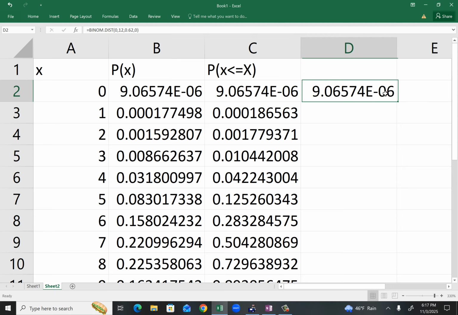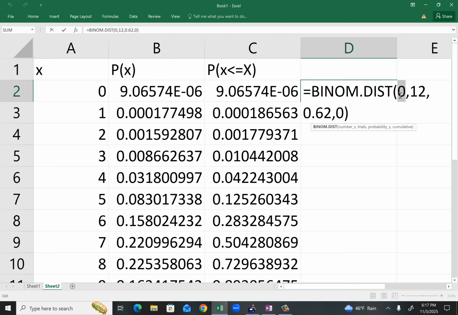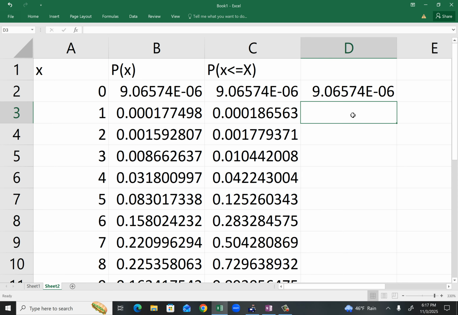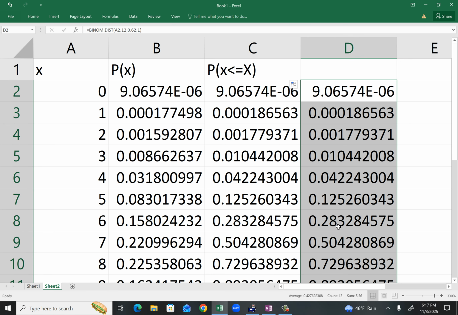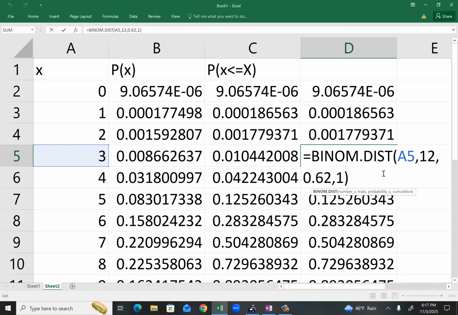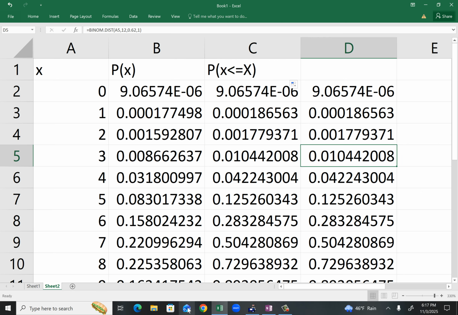In this case, I'm going to be fancy about it, and I'm going to do less than or equal to. So, cumulative. Paste that down, and look what you get. It's the same all the way down. So this is called the CDF, less than or equal to.